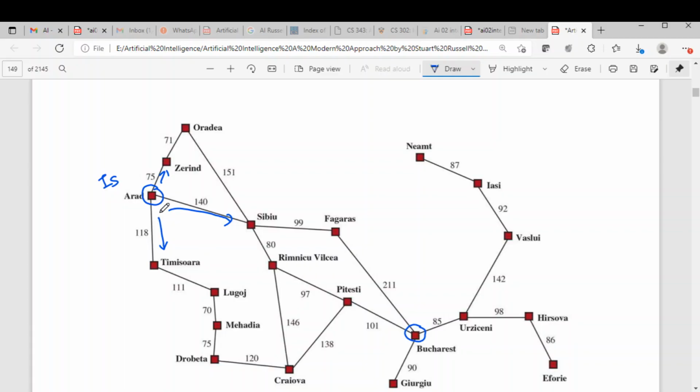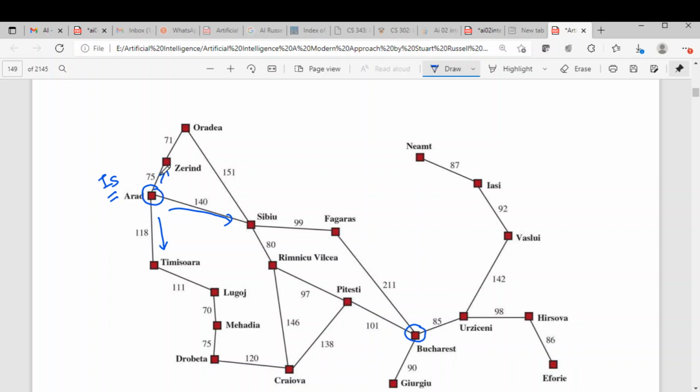Okay, so actually it does not know this real value. Let us assume that way, because currently the agent is in Arad only. It only knows that it can reach Zerind, it can reach Sibiu, it can reach Timisoara. At what cost it can reach, that it does not know. Only after reaching, if it takes this path, then it knows that okay, it cost 140.